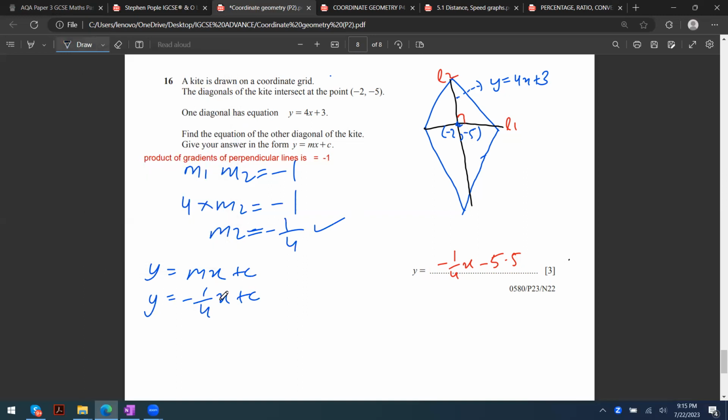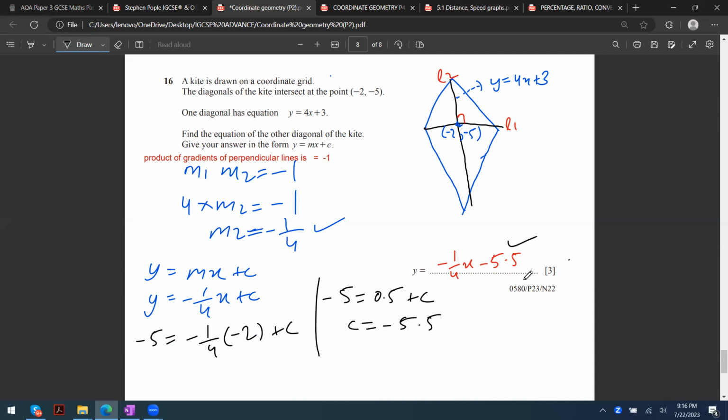You can substitute this point: -5 for y, and for x you can substitute -2. Simplify. 0.5 plus c. C is equal to -5.5. So our equation becomes y equals -1 over 4 x minus 5.5.